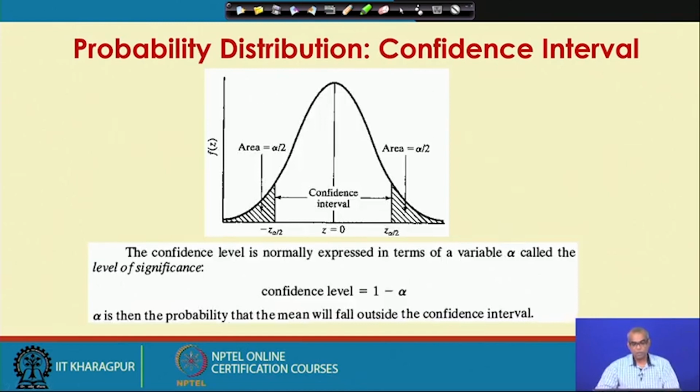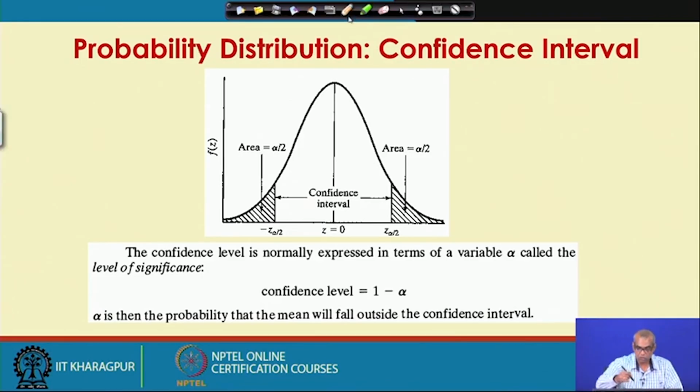The confidence level is normally expressed in terms of a variable alpha, called the level of significance, and confidence level is 1 minus alpha. So, alpha is then the probability that the mean will fall outside the confidence interval.